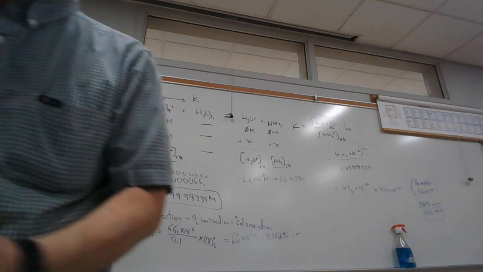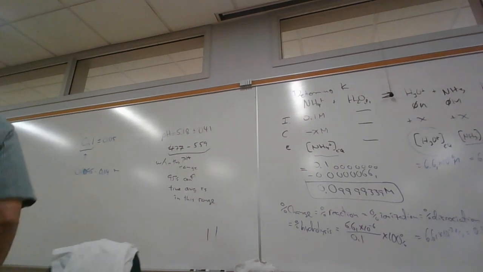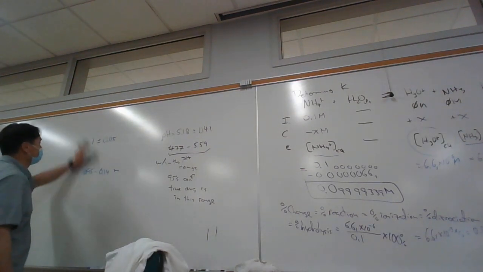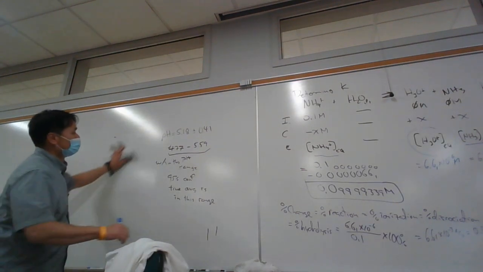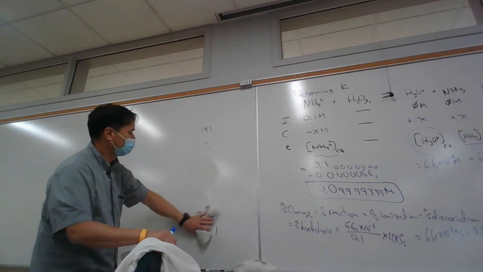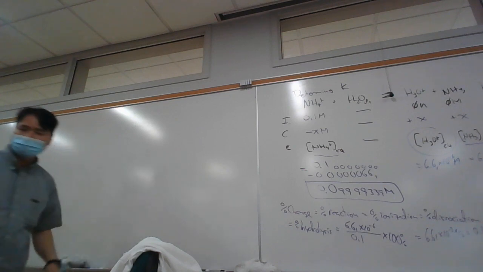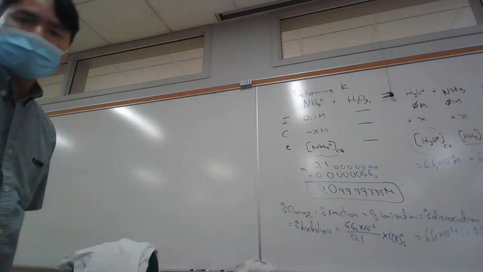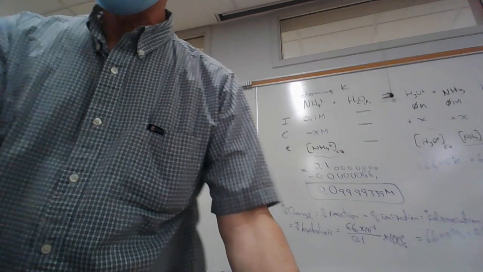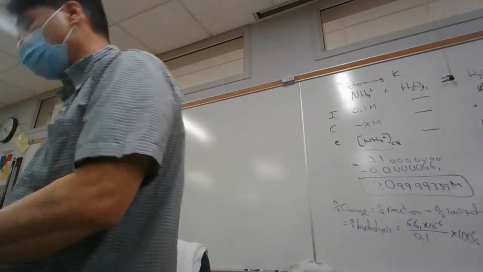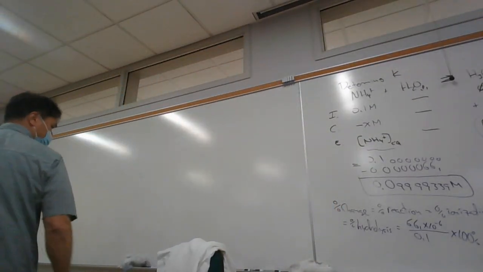All right, what we're going to do next is we're going to use the K to do some stoichiometry, to do some calculations. And so what we want to do is be able to do stoichiometry calculations to predict how much we should form or what the pH is going to be.